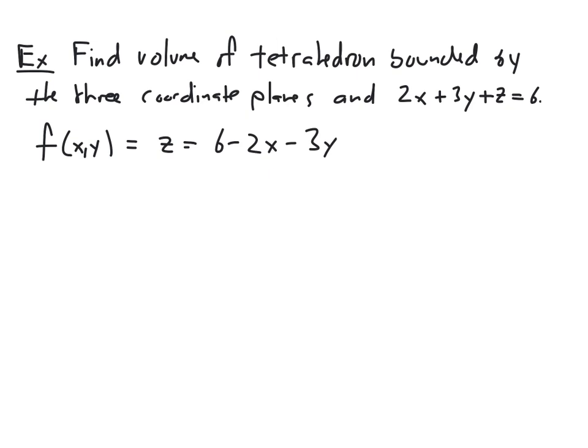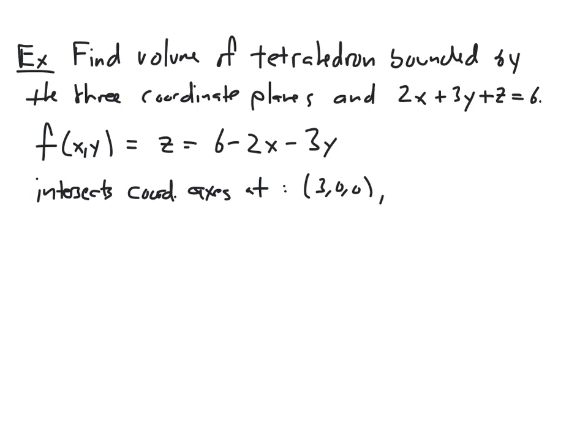The next goal is to find the region that we're going to be integrating over. In order to do that, we can look at where this plane intersects the coordinate axes: the x-axis, y-axis, and z-axis. If we want to find where it intersects the x-axis, we let y and z both equal 0. Then we get 6 minus 2x equals 0, and x is 3.